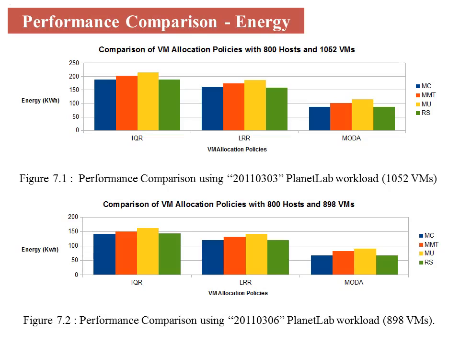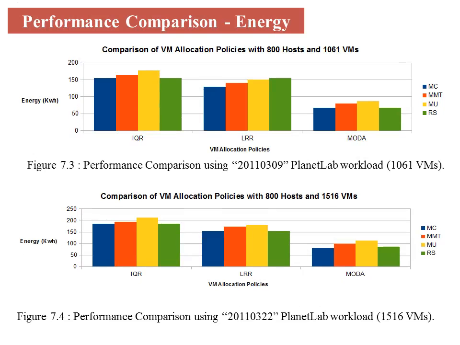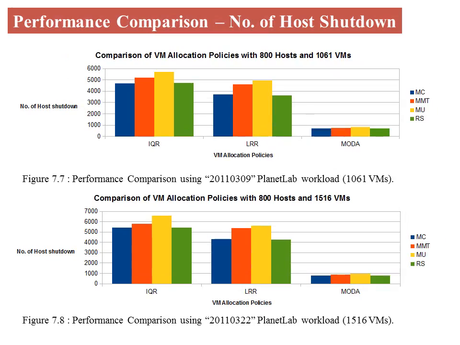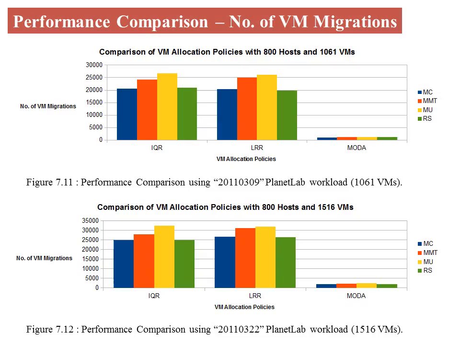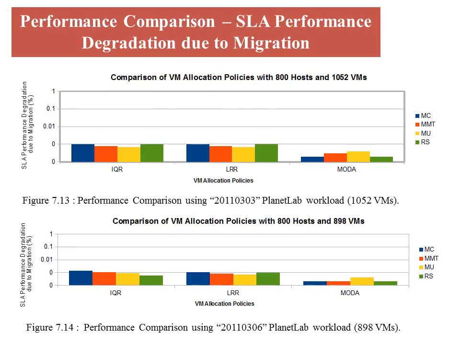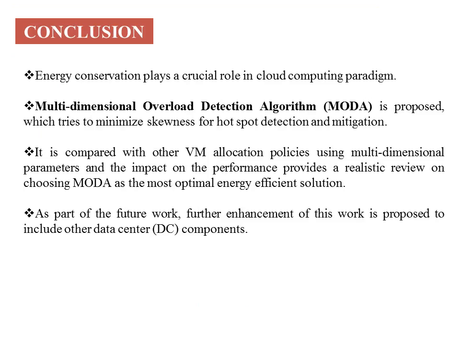The VM selection policies, namely MC, MMT, MU and RS, are also plotted, and the different colors represent the different VM allocation policies. So these are the results of the graph, a comparison between the various policies, on the Planet Lab workloads.